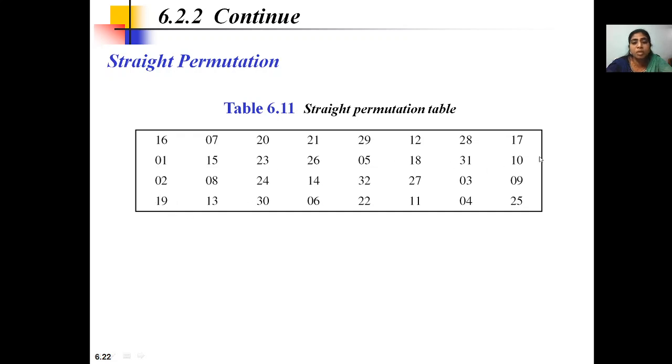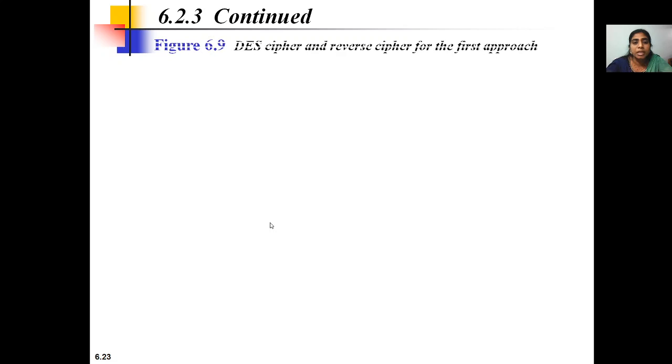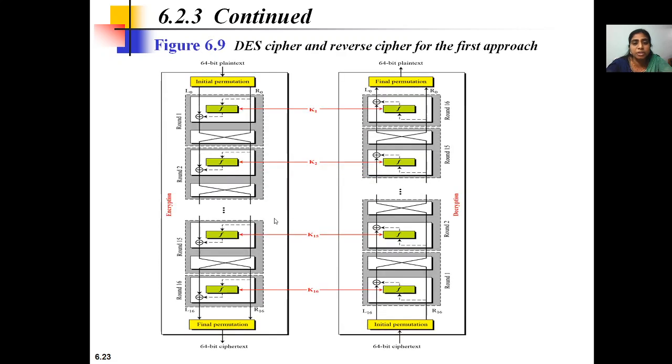Like that we are going to transpose in these boxes, and that output is taken and continued, and it is XORed with the left side 32 bits and given to the next round. So like that we are going to do 16 rounds. Once the 16 rounds are finished, we take that value as the ciphertext.